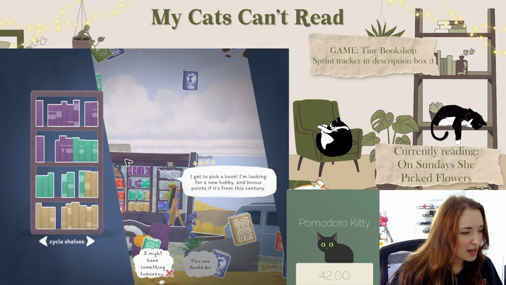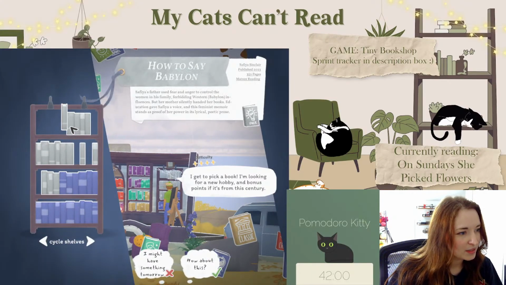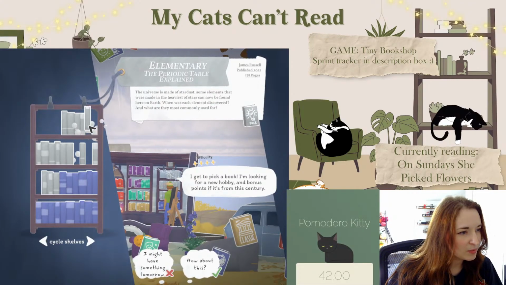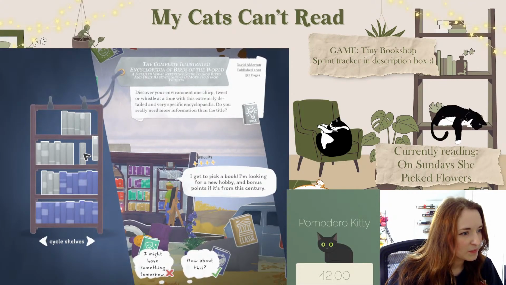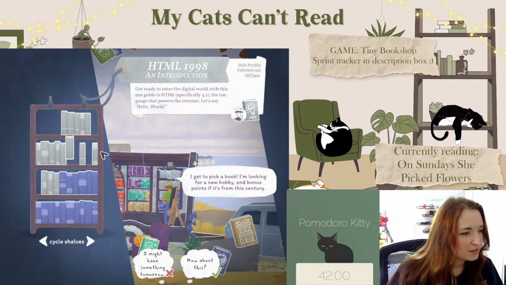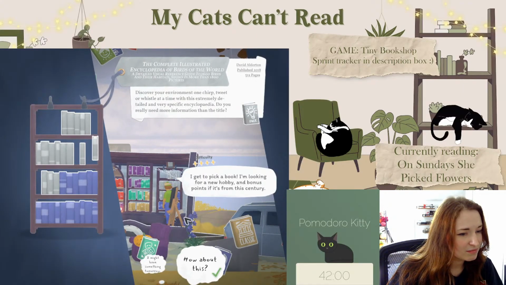Alright, he wants a new hobby. So that's usually a fact book. This is a writing book. I thought it was a bird book. Well, a bird book would totally be a new hobby.